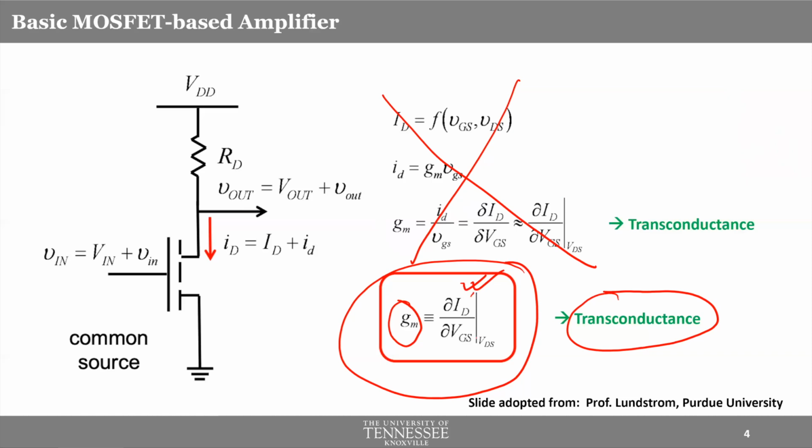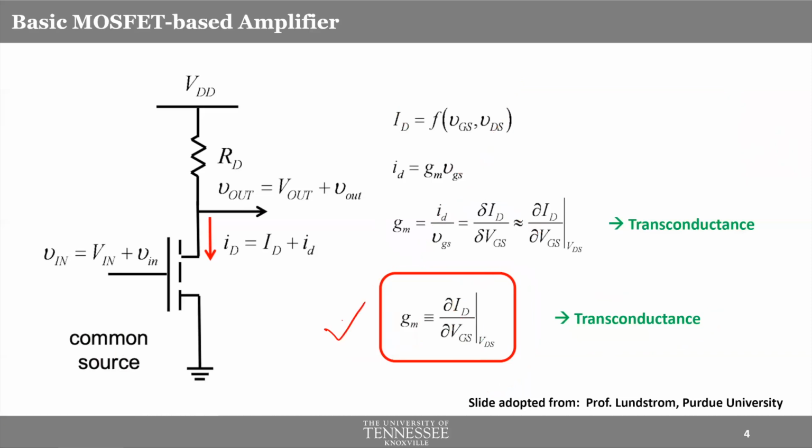And the reason you have this notation here is because we have a constant VDS. So we are looking at the derivative of drain current with respect to VGS for a given value of VDS, right? That's something we have to keep in mind. This transconductance is a very important parameter for the transistor characteristics. And we will talk about why that is the case in the next slide, okay?